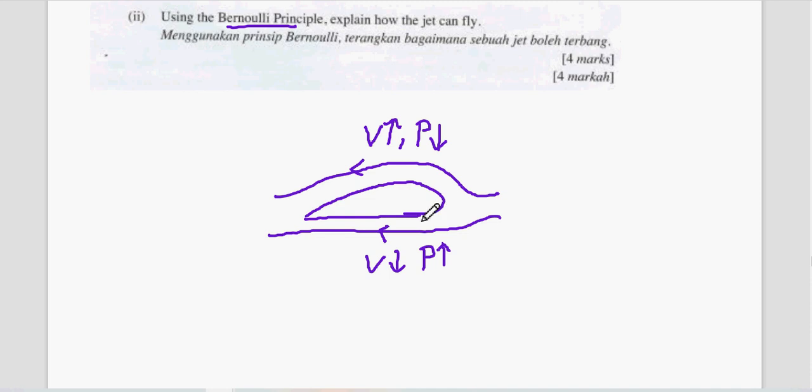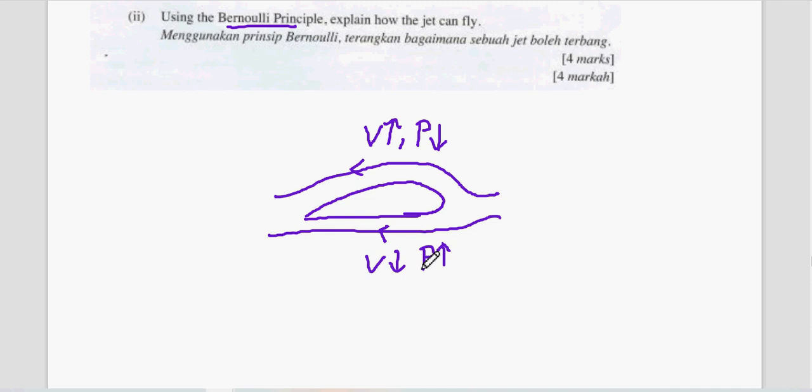So the aerofoil shape enables the air that moves on top of this shape to move at high velocity. Below, the air will be moving at lower velocity. According to Bernoulli's principle, when the speed of the air is higher, the air pressure at that point will be lower.